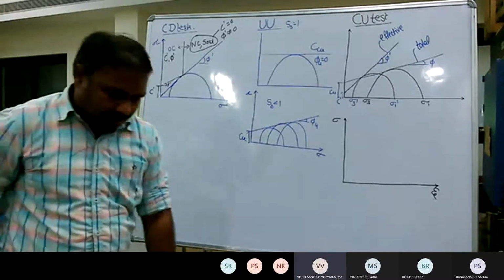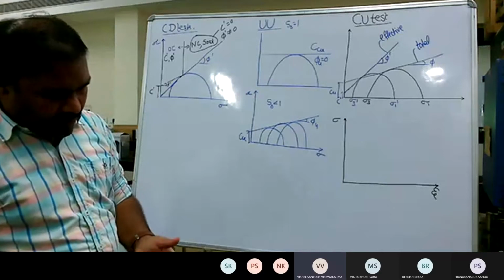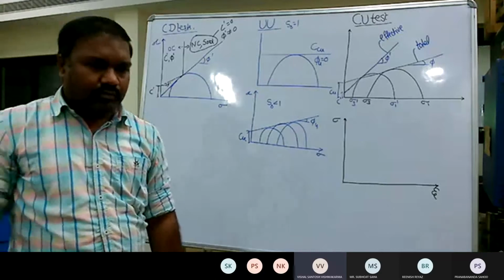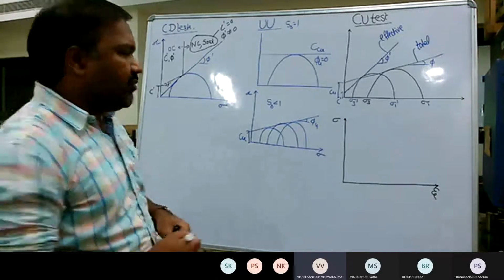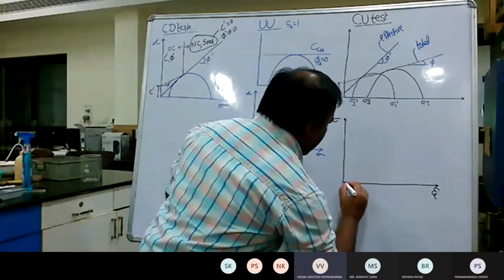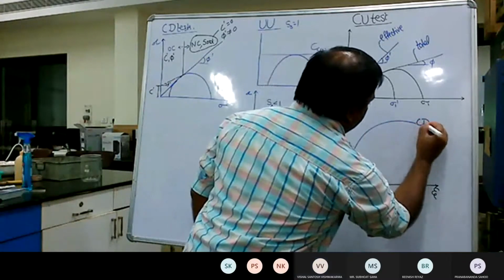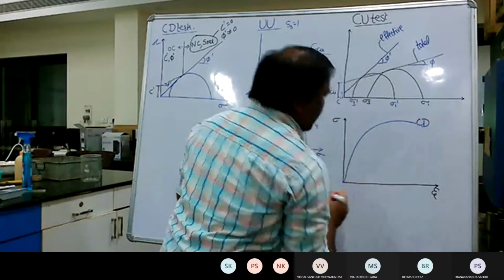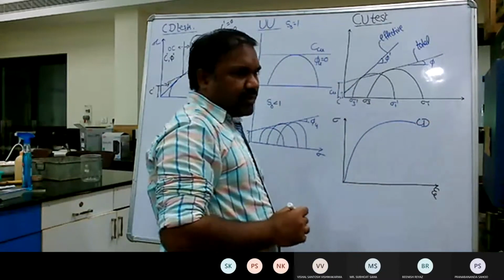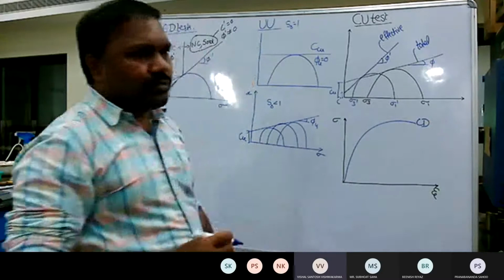Sir, CD will be topmost, and UU will be bottommost. So this is CD, and bottommost is UU, sir.